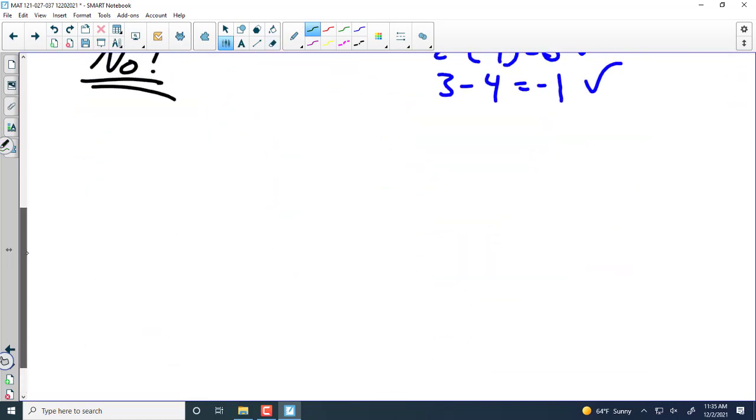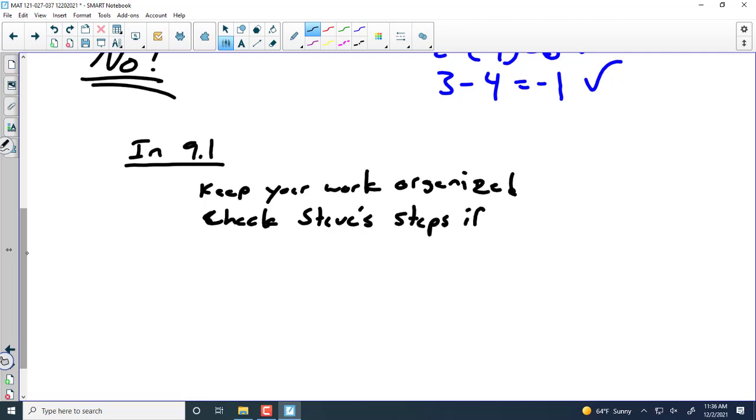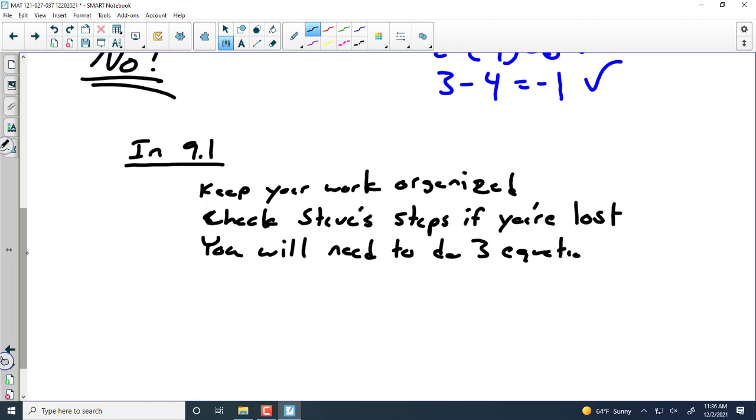A couple notes for you. In 9.1, keep your work organized. Check Steve's steps if you're lost. You will need to do 3 equations and 3 unknowns on the exam.